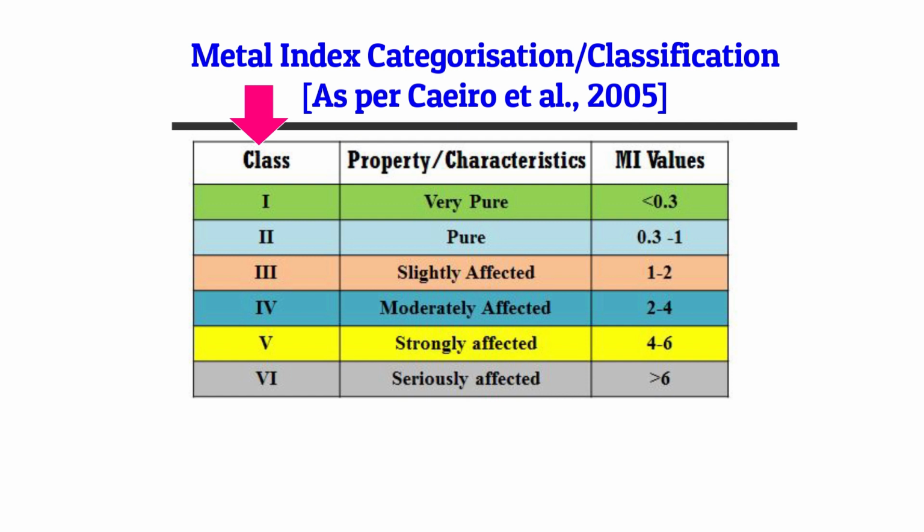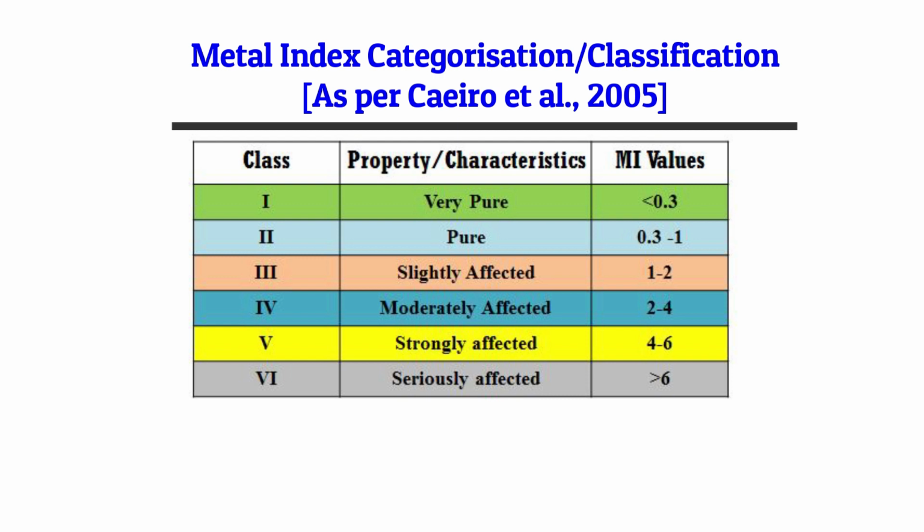And for each respective class, the water quality is designated as, for example, class 1 will be very pure, class 2 pure, class 3 slightly affected, class 4 moderately affected, class 5 strongly affected, and class 6 seriously affected.